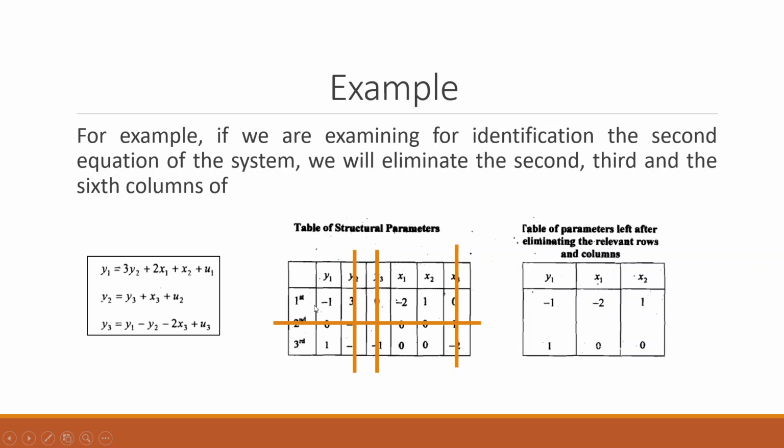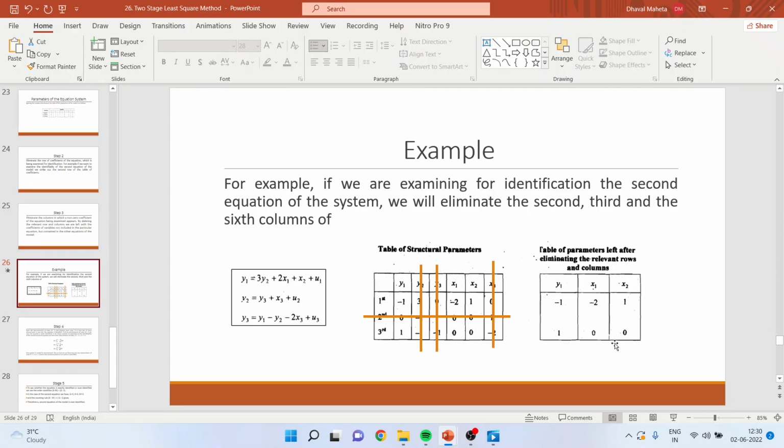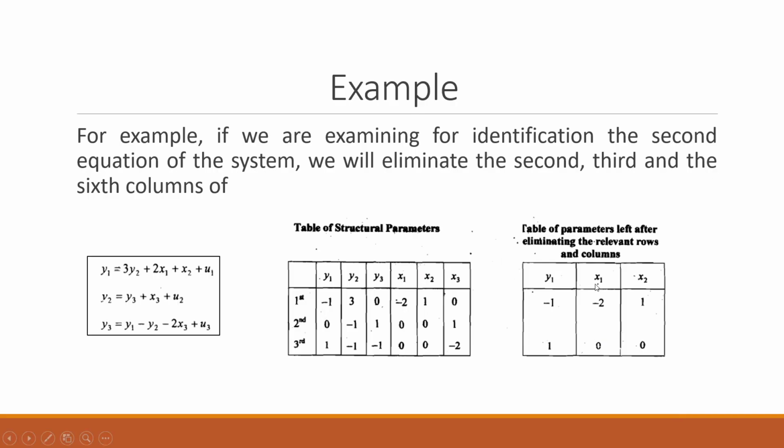So you can see now we are left with y1, x1 and x2: minus 1, minus 2, 1, 1, 0, 0. How many determinants can we generate from this? We can generate 3 determinants from it.